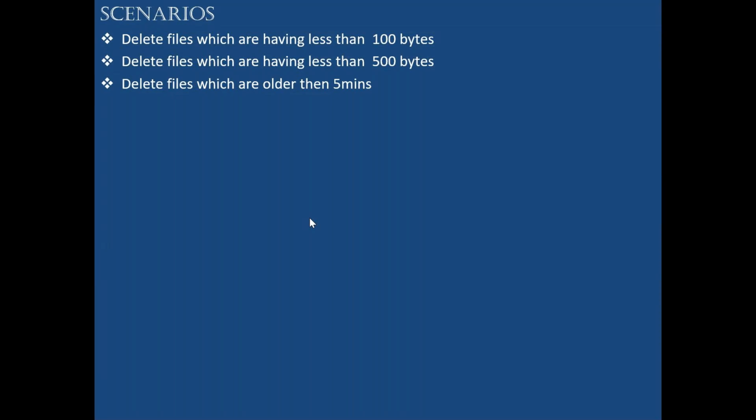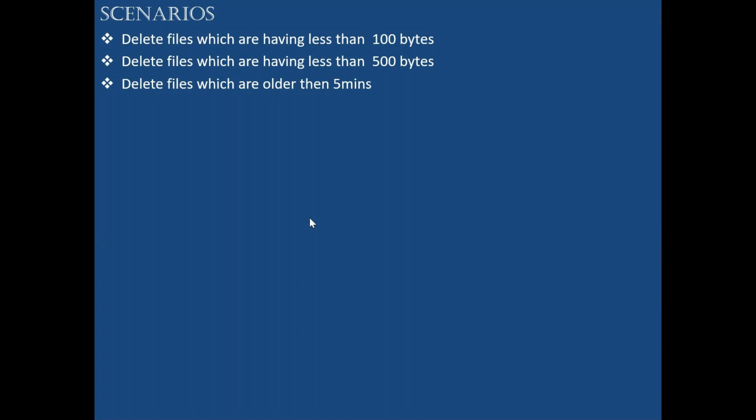Next, in real time we won't delete files which are older than 5 minutes. Maybe it is a very rare case where we are processing real-time data. If some processes fail to restart, maybe they are deleting the last 5 minutes of data, that they may do.